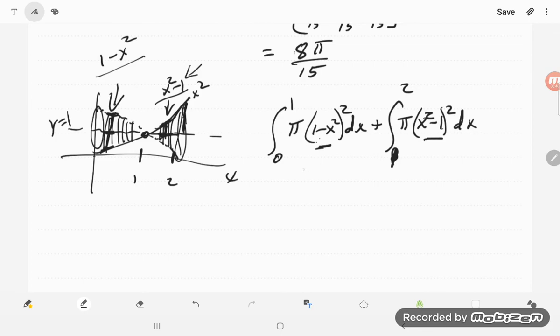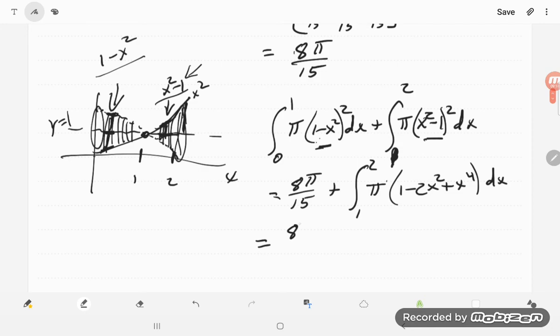Now, I already know this first integral is 8 pi over 15, so I'm just going to go with that. And then plus, here, again, we have our integral from 1 to 2 of pi, and I can write it in the order I had it before, the 1 minus 2x squared plus x to the 4th dx.